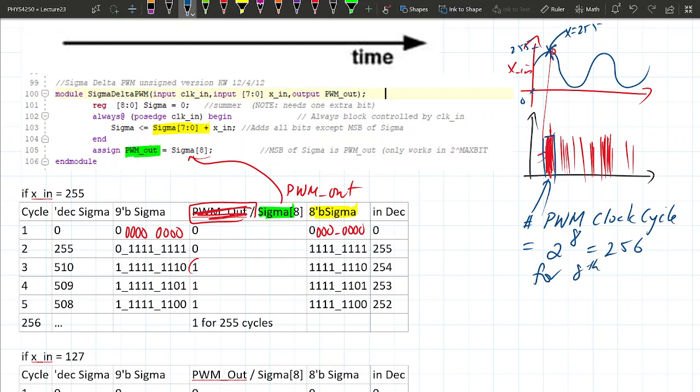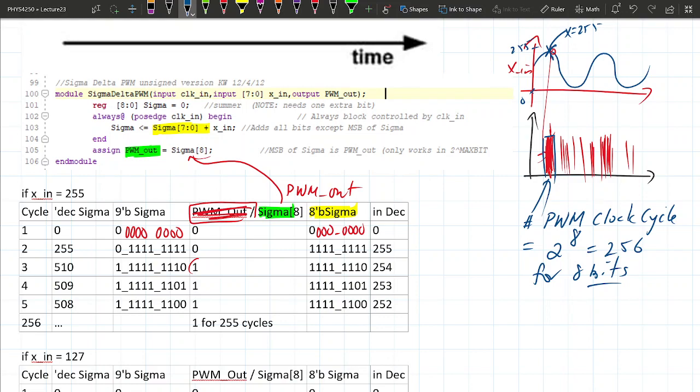But if you're doing 64 bits, then it'll be 2 to the 64. That's just one sampling, just like one dot in your audio file.